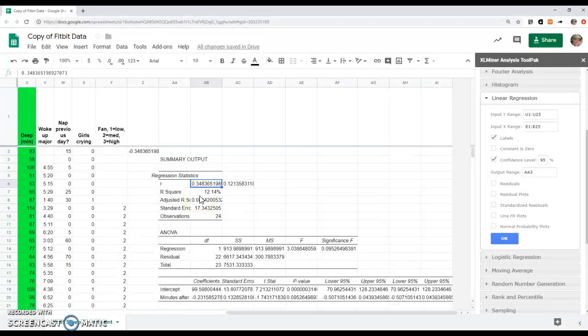This is an effect size, and what this effect size is telling us is that 12% of the variation in my deep sleep, so there could be all these different things influencing my deep sleep, but 12% of these differences that I'm getting night by night are somehow connected to the time I go to bed. Doesn't necessarily mean cause.